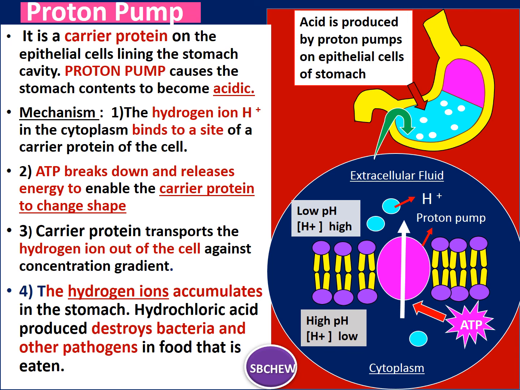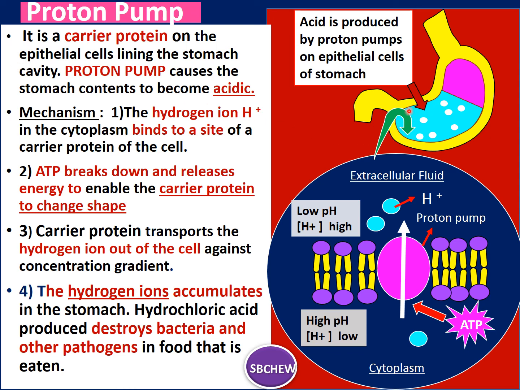Let us discuss another pump or carrier protein that is called the proton pump. So the word proton here means the hydrogen ion. So this pump is a carrier protein found on the epithelial cells lining the stomach cavity here.